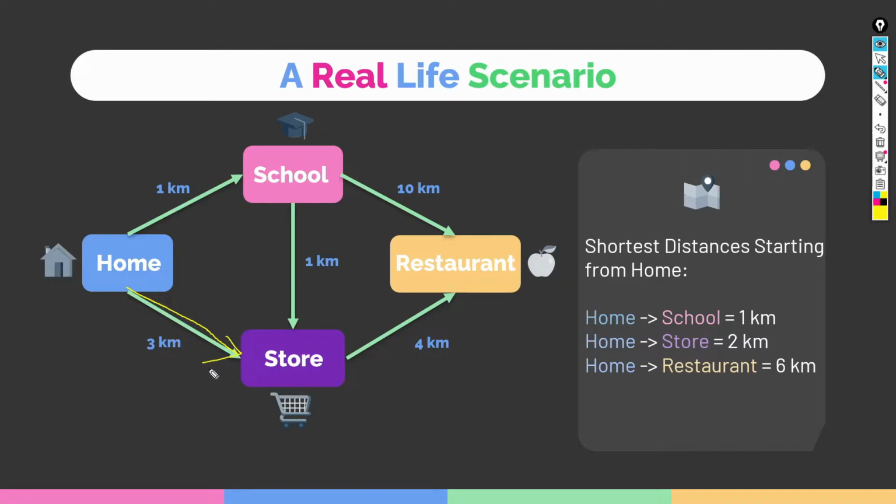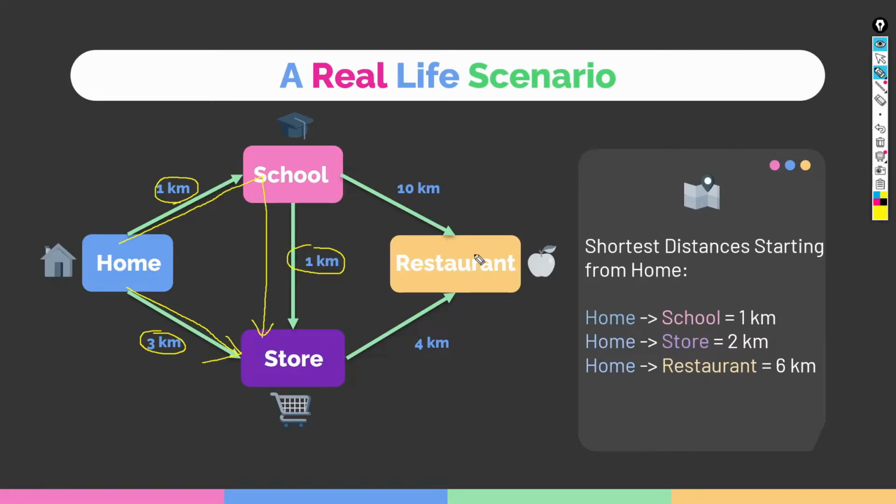However, this is not the way. We can see it's 3 kilometers. However, if we go from home to school, then to store, we can see it's 1 plus 1, which is less than 3. So this is the optimal way, home to school to store.